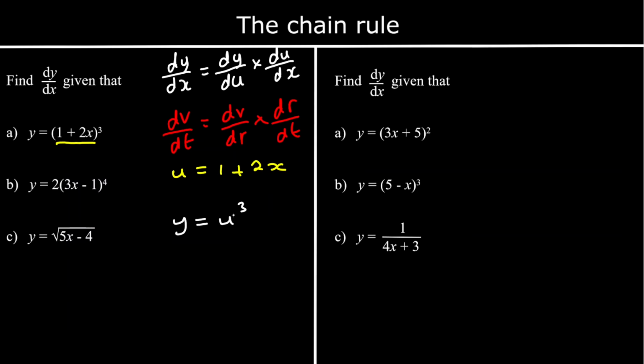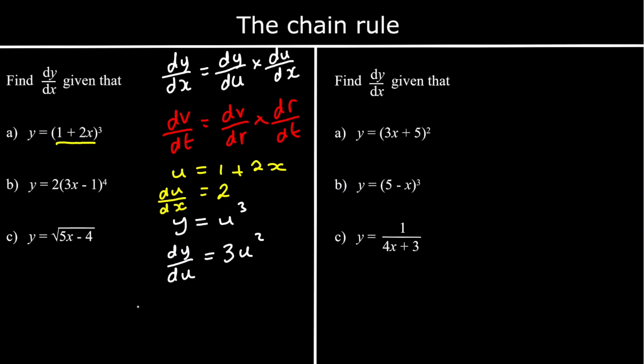So if we differentiate both of these, we get du/dx, which is 2, and we get dy/du times by the power, take 1 off the power, 3u squared.